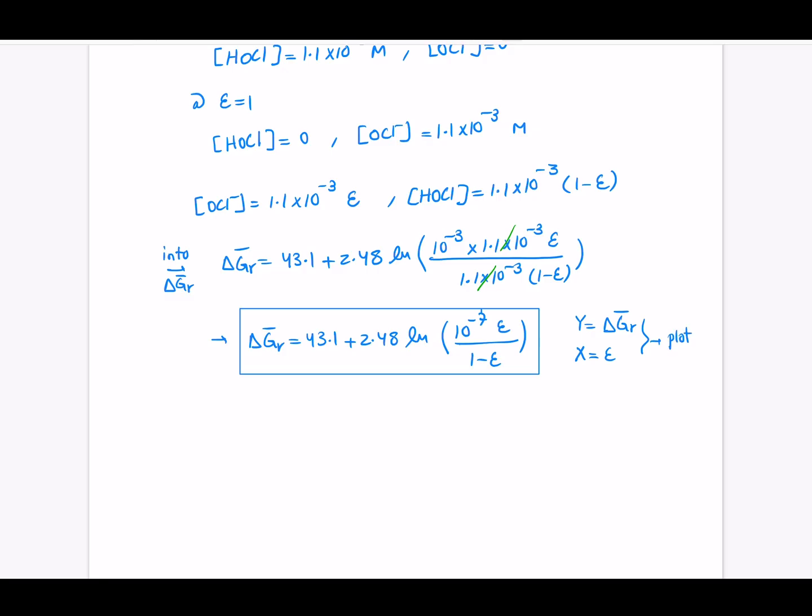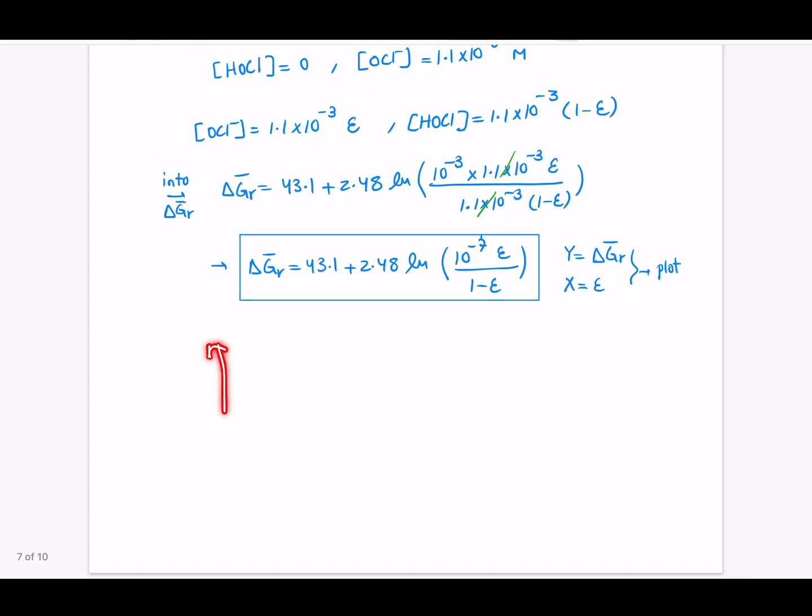So that means we go to an Excel file. We insert some epsilon, we give it 0. We calculate delta G. We give it like 0.1. We calculate delta G, 0.2, and so on. Eventually, we can have a plot of delta GR as a function of epsilon from 0 to 1.